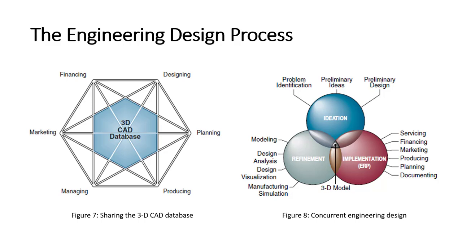The three intersecting circles also represent the three activities that are a major part of the concurrent engineering design process: ideation, refinement, and implementation. These three activities are divided further into smaller segments, as shown by the items surrounding the three circles.